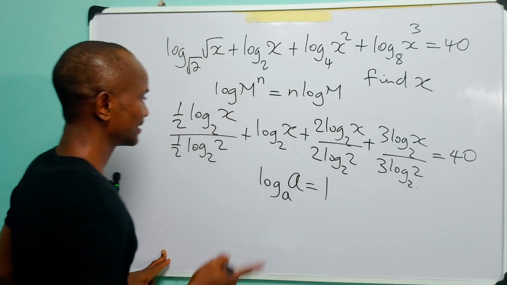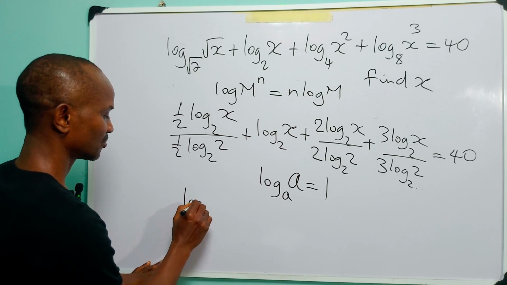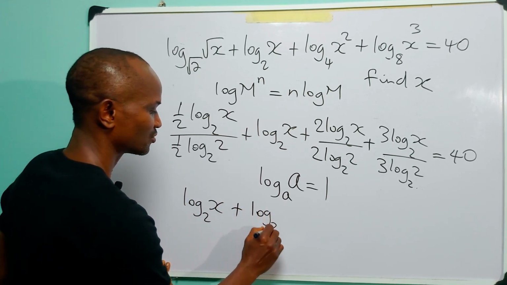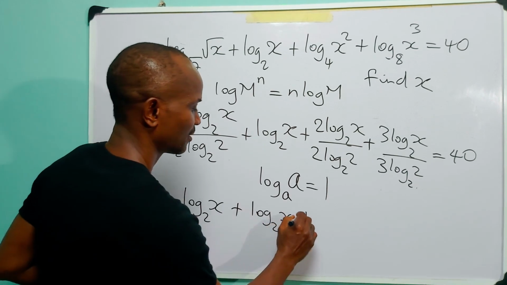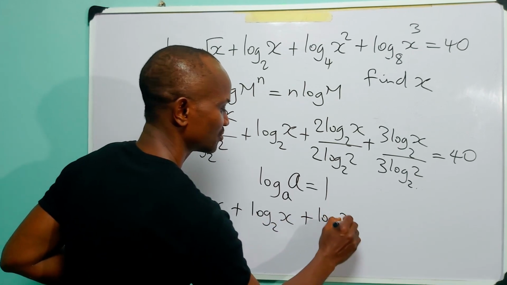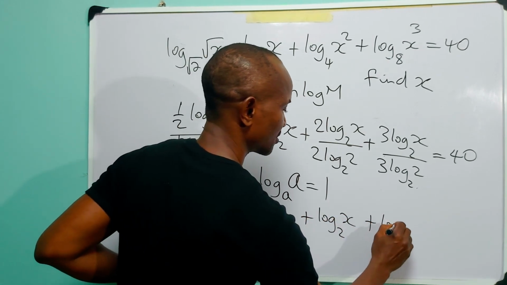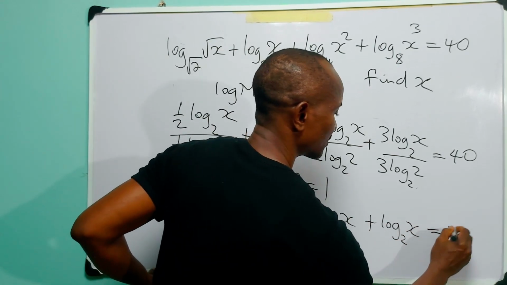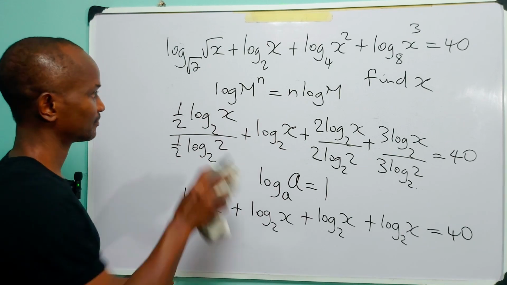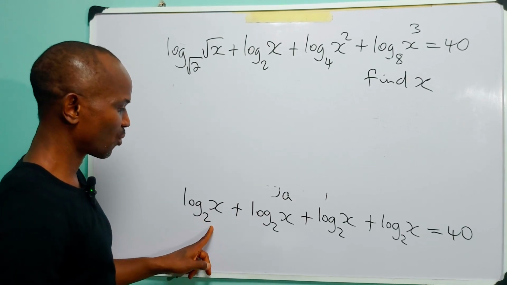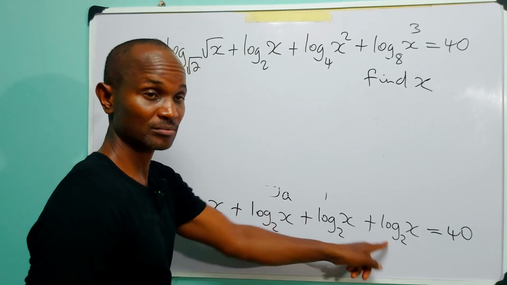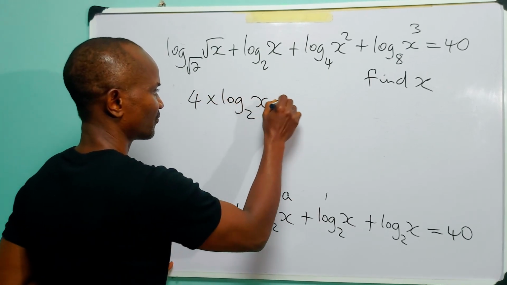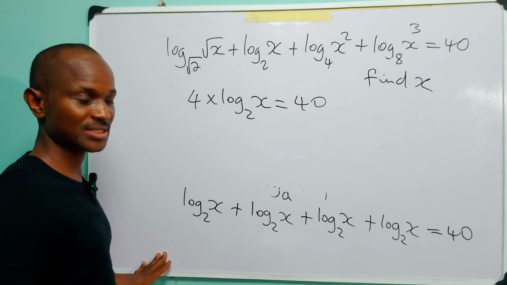So this line is simply equal to log base 2 of x plus log base 2 of x plus log base 2 of x plus log base 2 of x, and everything is equal to 40. Now how many of them do we have? We have 1, 2, 3, and 4. So we have 4 times log base 2 of x is equal to 40.